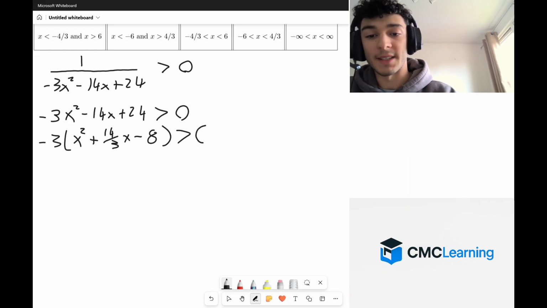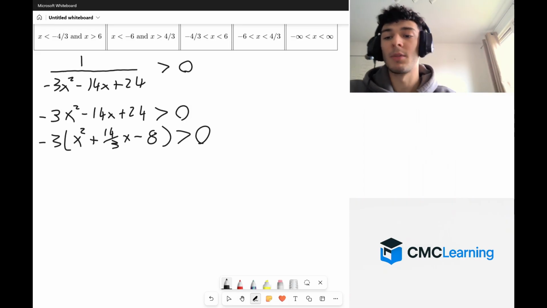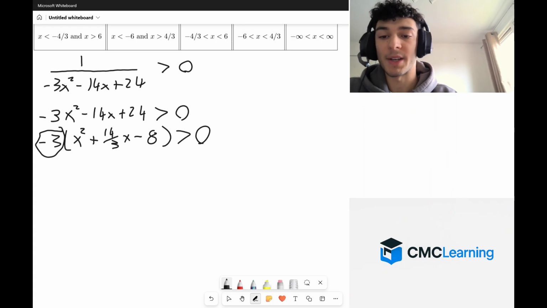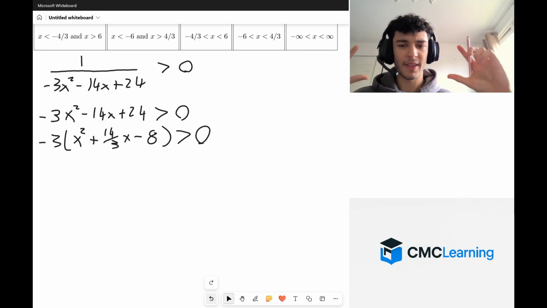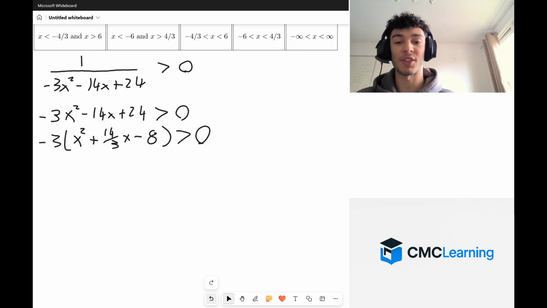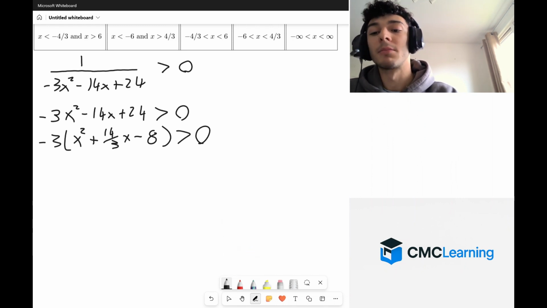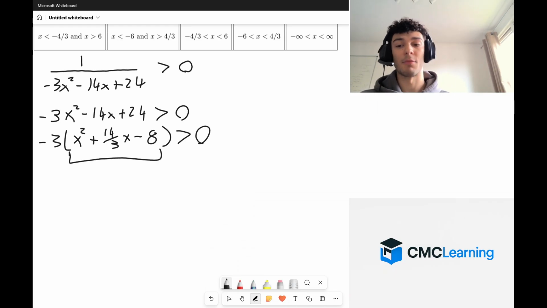And all of this needs to be greater than 0. Now something has changed here. Here we can take out this factor of minus 3. And we can see that for this expression to be greater than 0, we've now created a sub-expression. And that is when everything inside of these brackets is less than 0.